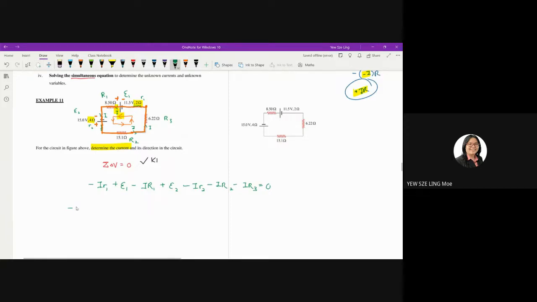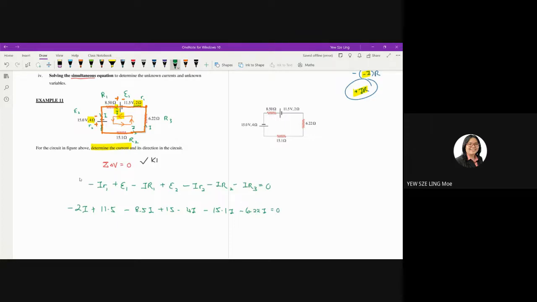R1 is 2, so 2I plus 11.5 minus 8.5I plus 15 minus 4I minus 15.1I minus 6.22I equals 0.